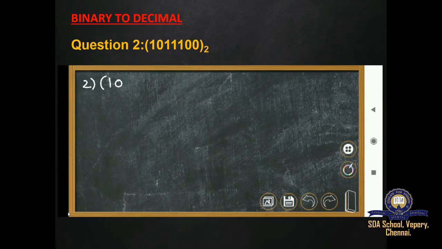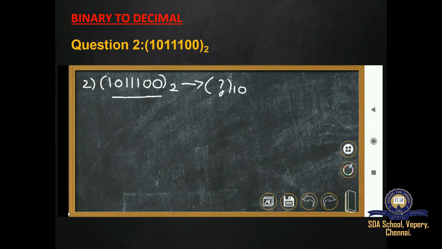It has its binary value 10111000. This is the binary value. We have to find the decimal number for this binary value.